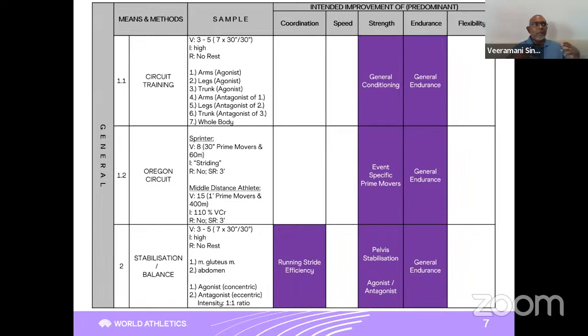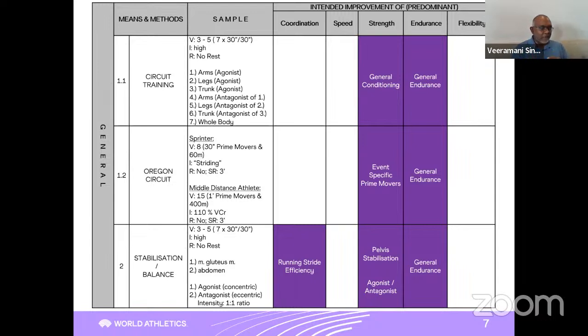So rather than designing something in terms of exercise, we want to focus on this to give a general conditioning aspect of it, but also to have a little bit of specificity in it. So here you can see volume. It is done 8 times. 30 seconds, prime movers, plus running. Oregon circuit always combines activity with movement.